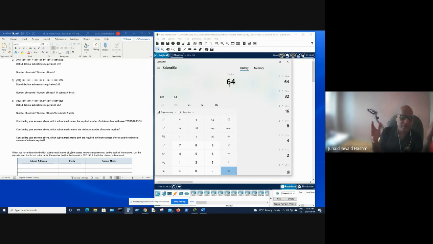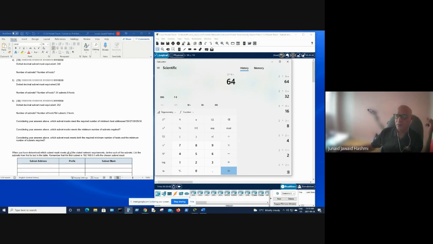So you have these addresses available if your network grows. So you have no choice but to borrow at least 6 bits, giving 64.